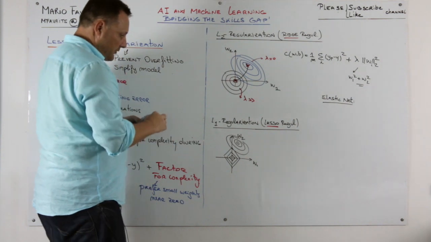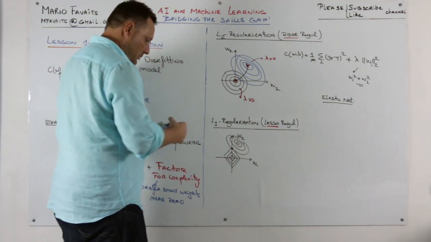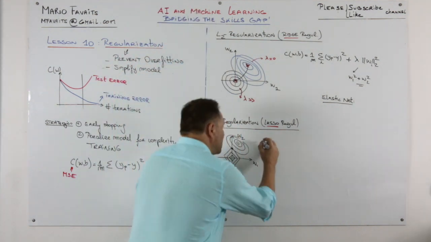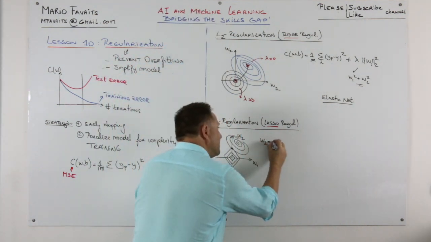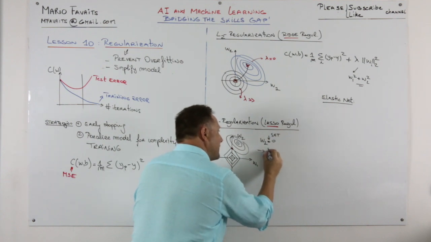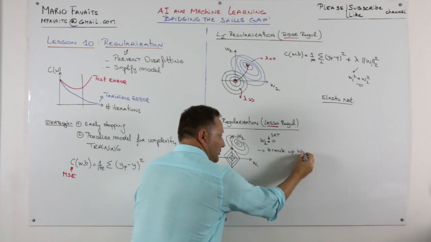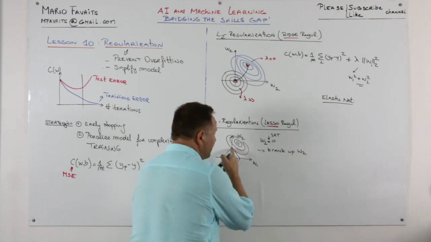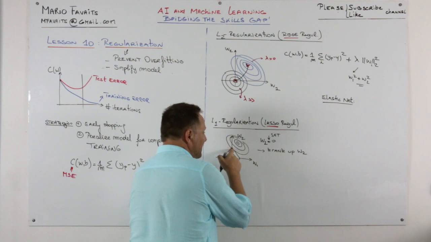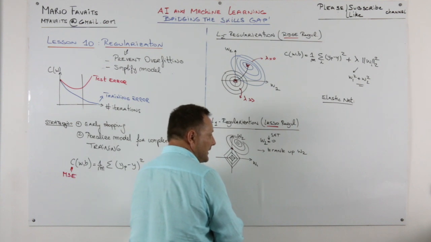What you're going to do is set W1 to 0, and then crank up W2 until you find that point where it crosses the regularization contours.